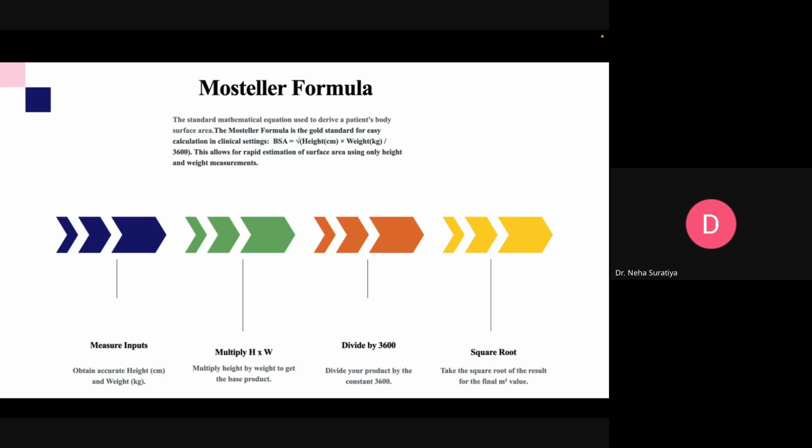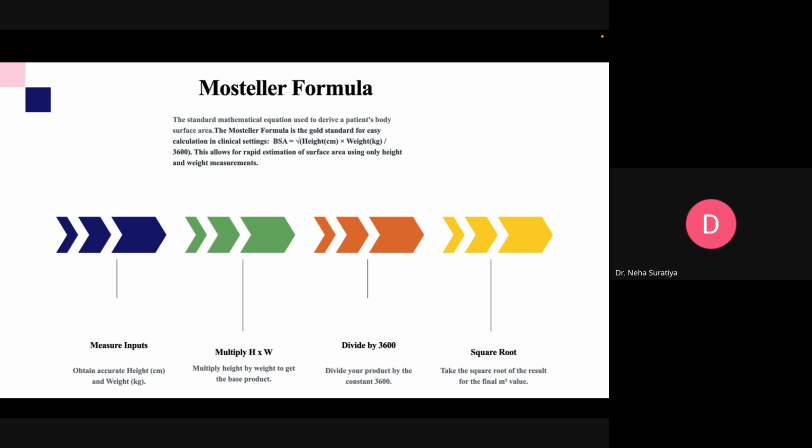So write down this formula. It is very simple and easy to remember, requiring only two parameters, height and weight. You all have a gadget, the mobile phone, and the square root is very easy to find in the calculator. Just do height into weight, divide by 3600, and press the square root on the calculator. You will have the BSA value.